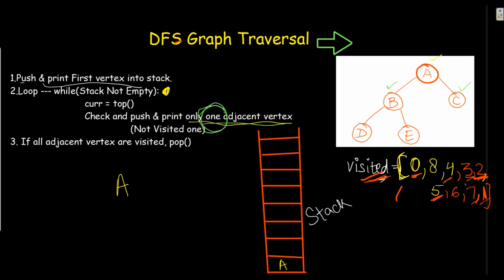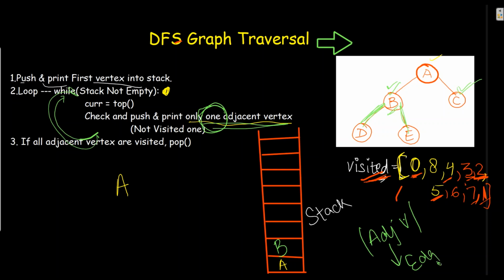So here I need to take one adjacent vertex. I can take either B or C, but the condition is it should not be visited. If I take B, then again it will check whether the stack is empty or not, and then check its adjacent neighbors. Adjacency of a vertex is given by edges.